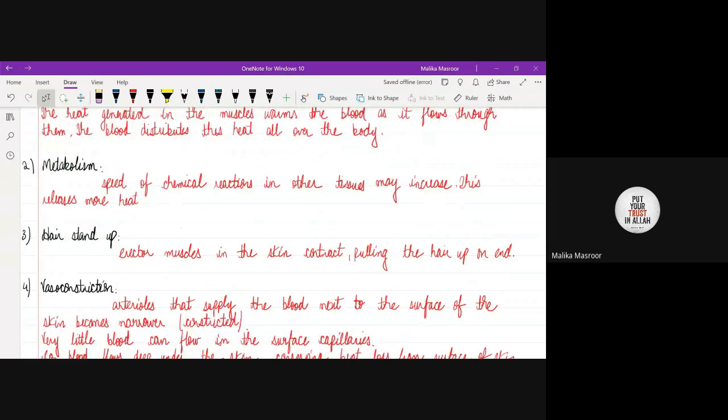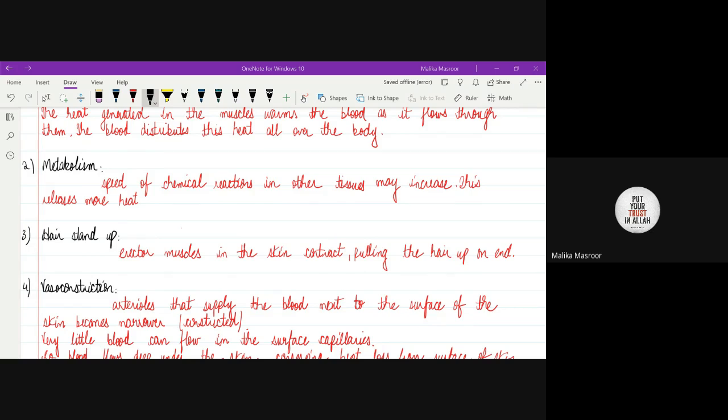Your hair stands up. The erector muscles in the skin contract, pulling the hair up on end. If they stand up, they will trap a layer of air. Obviously, we don't have that type of fur as other mammals do, like polar bears, but to an extent you will see this in winters. It's not that visible in humans because we don't have a layer of warm blubber or a thick layer of hair.